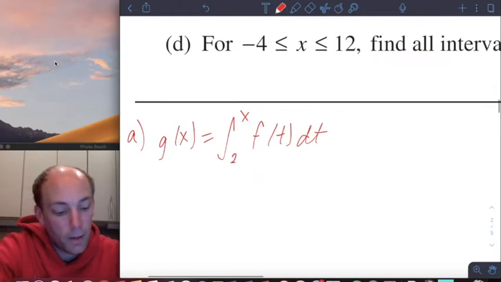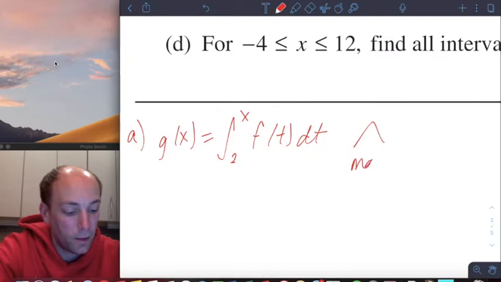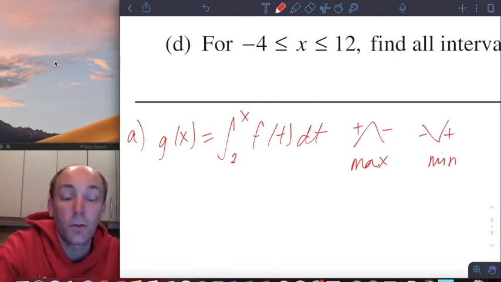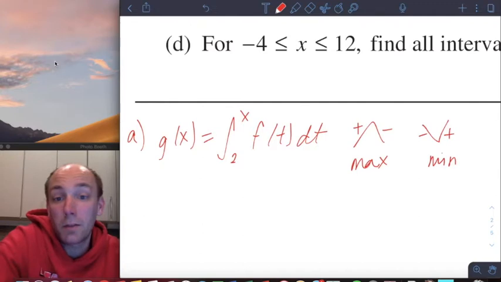Remember that a maximum would look something like this on the original function, and my derivative would be changing from positive to negative, right? On the original function, a minimum would look something like this, and my derivative would be changing from negative to positive.